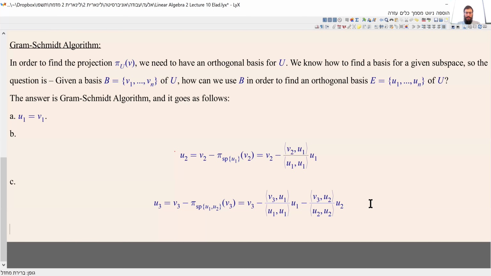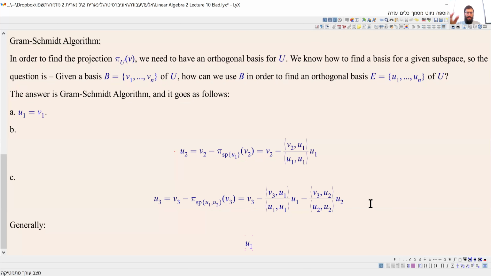Generally speaking, when you want to calculate U_{k+1}, which is V_{k+1}, you subtract the projection of V_{k+1} over the span of the vectors you've already found, U1 to Uk.